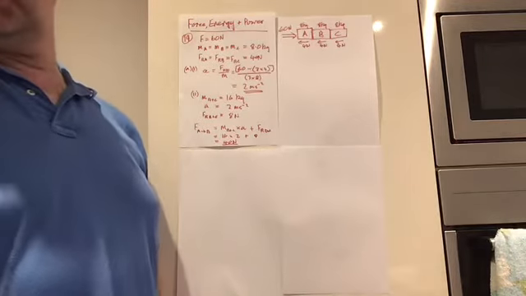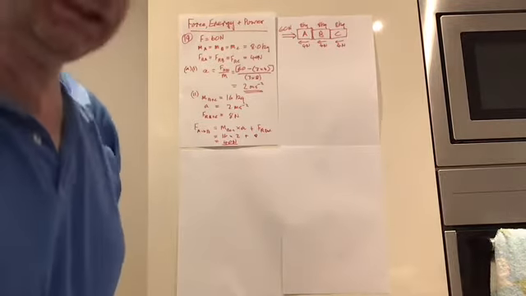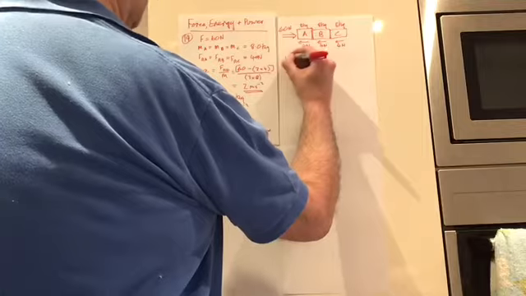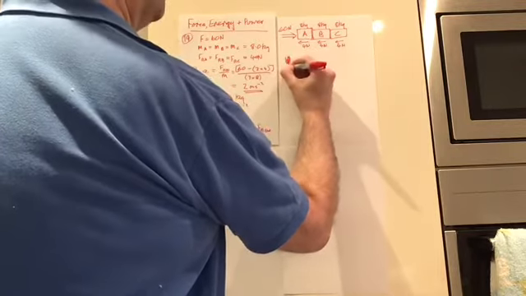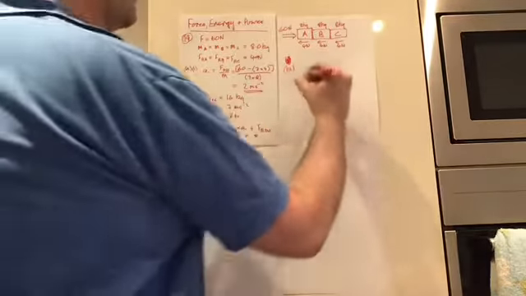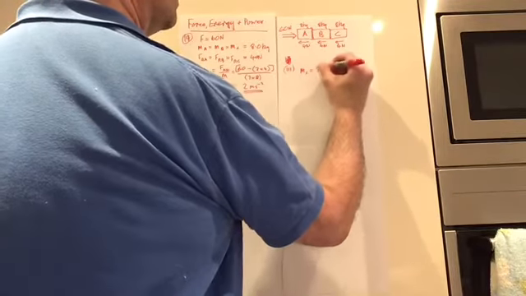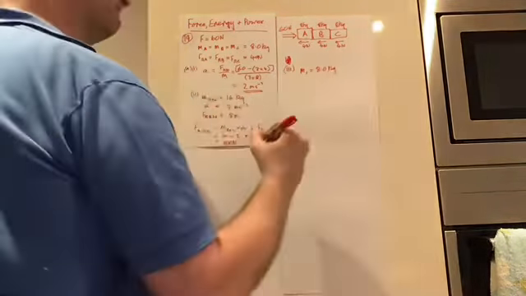A part 3, the force block B exerts on block C. Well, that's basically the same again, but with different numbers. So let's just do that here. The mass of C is pretty obviously 8 kilograms because it told us that at the start of the question. The acceleration is still 2 meters per second squared.